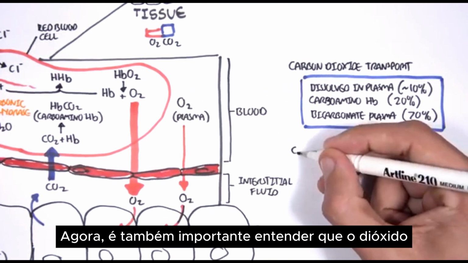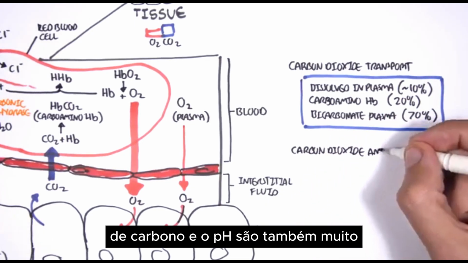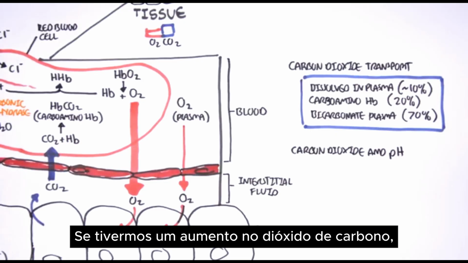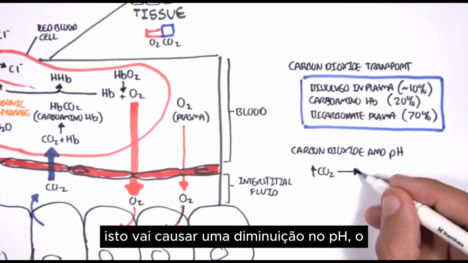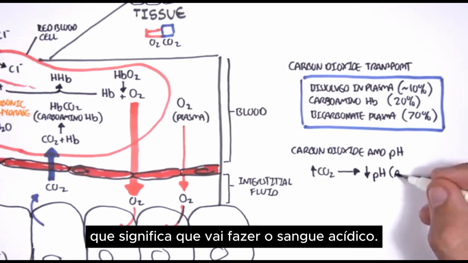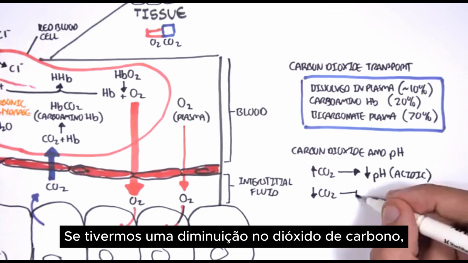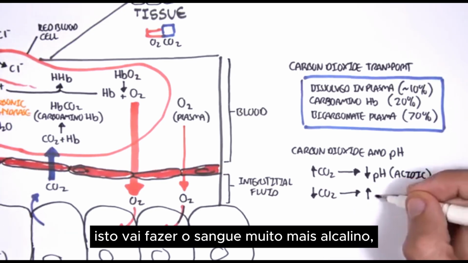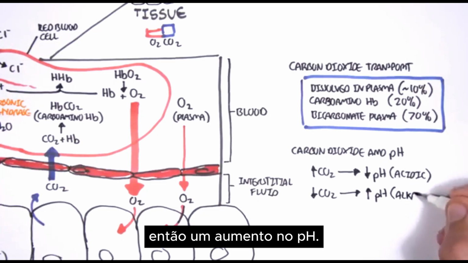Now, it's also important to understand that carbon dioxide and pH are very much related. If we have an increase in carbon dioxide, this will cause a decrease in pH, which means that it will make the blood acidic. If we have a decrease in carbon dioxide, this will make the blood much more alkaline, so an increase in pH.